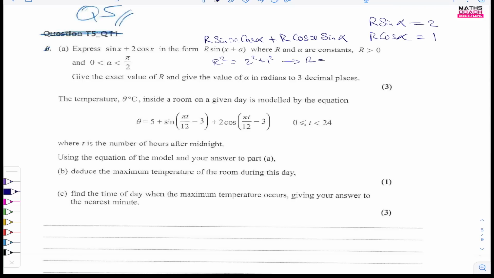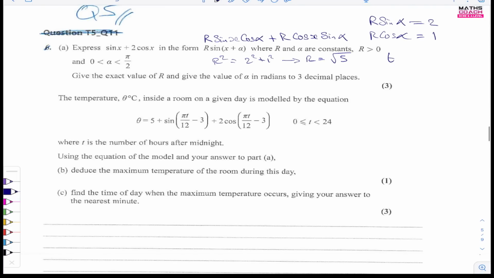Therefore r would be equal to the square root of 5. And if we divide these, tan alpha would be 2 over 1, which is 2. So tan inverse, and we want it in radians to 3 decimal places, so 1.107 to 3 decimal places. That's our alpha.